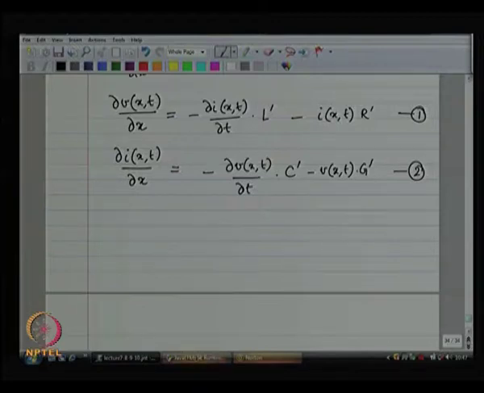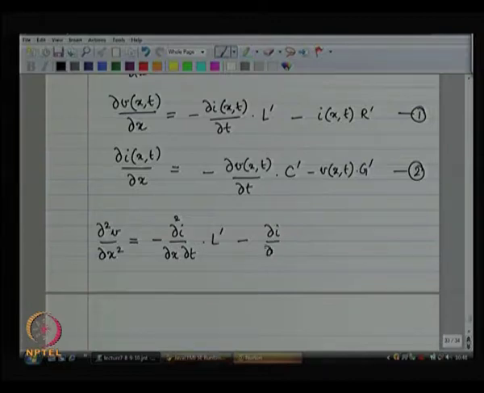I am going to do a further differentiation of equation number 1 with respect to x, and that will give me dou squared v by dou x squared on the left hand side, and on the right hand side I am going to get dou squared I by dou x dou t times L prime minus dou I by dou x times r prime.